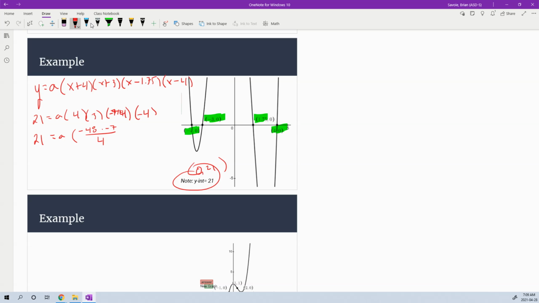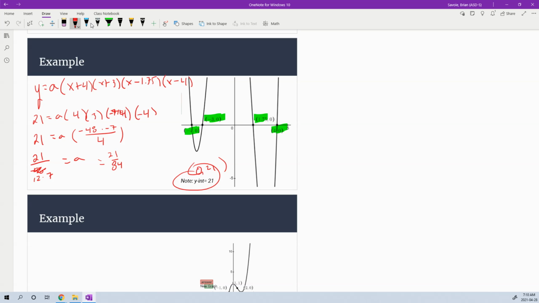Then 48 and 4, I can reduce that, so I get 12 times 7. The negatives will disappear, and that is equal to 84. So 21 over 84 is equal to a.